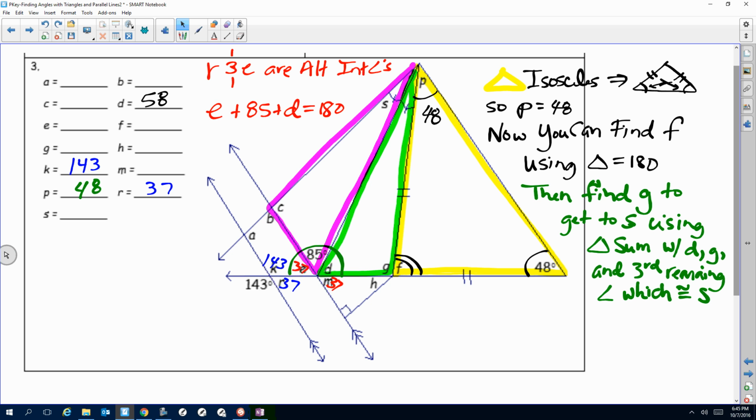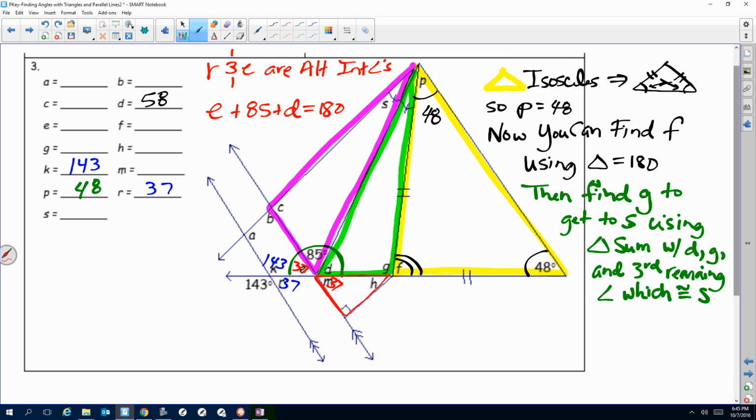Once I get to G, it'll help me move into the next triangle, which I have highlighted here. I can use my vertical angles with the 37 to help me get H, because in here I have a right triangle again, and I can use that for H. Then also I wanted you to see this green arc that I have right here.